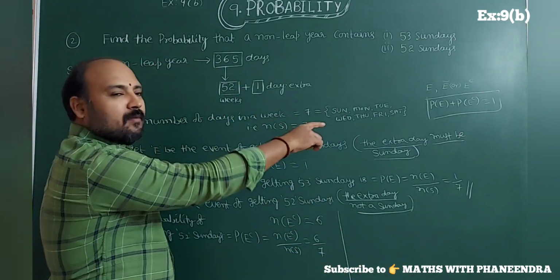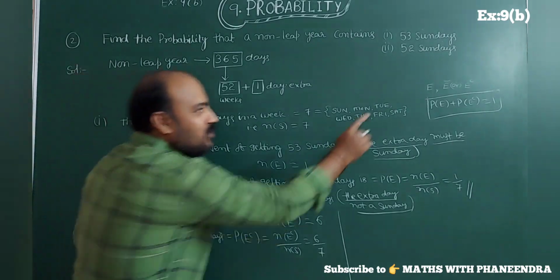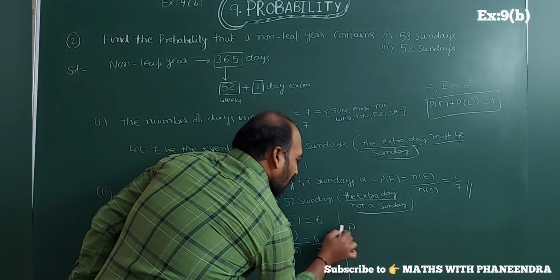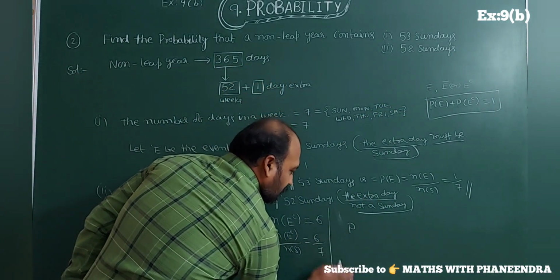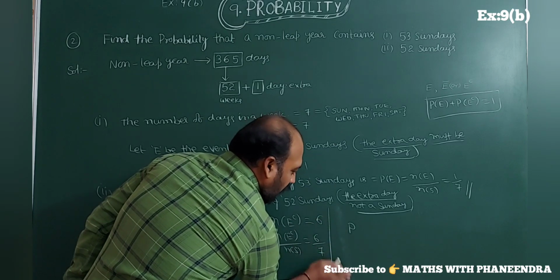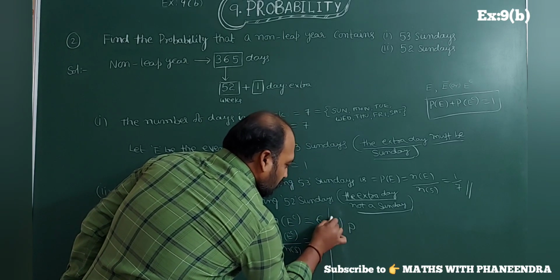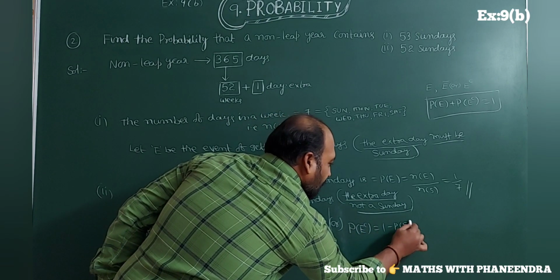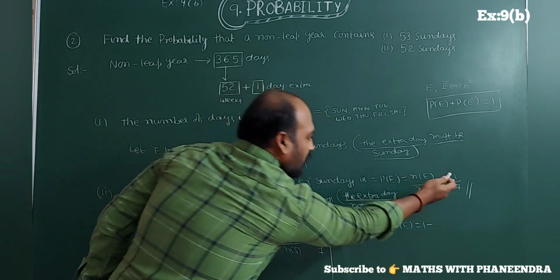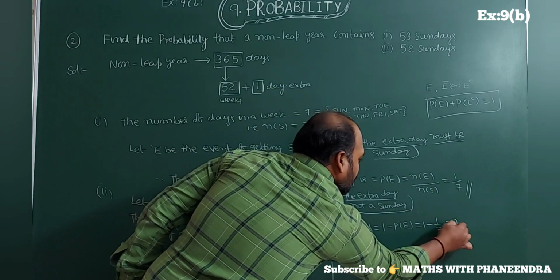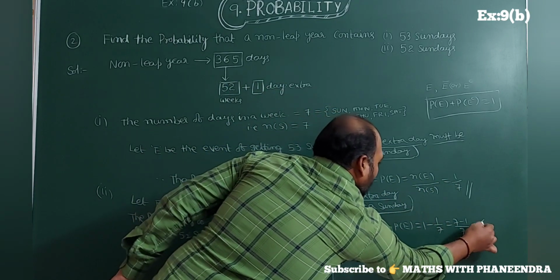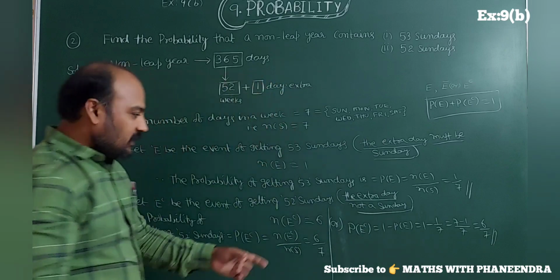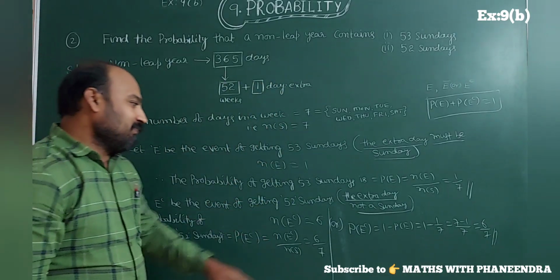Even if you apply that formula, P of E complement I want now from this result. Or P of E complement is equal to 1 minus P of E. So 1 minus P of E, the value we got here is 1 by 7. So 7 minus 1 by 7, that is equal to 6 by 7.